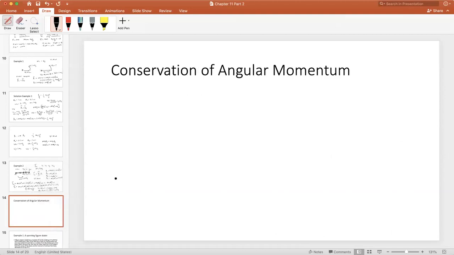So let's talk about that whole conservation of angular momentum thing again, though. If there is no torque acting on the system, no net torque, we say that L final minus L initial is 0, and that means that L final is equal to L initial.